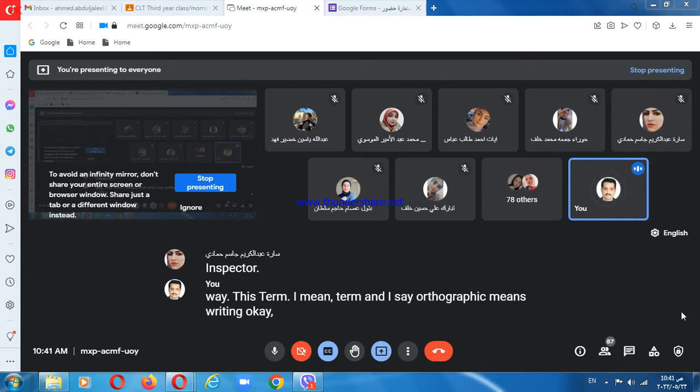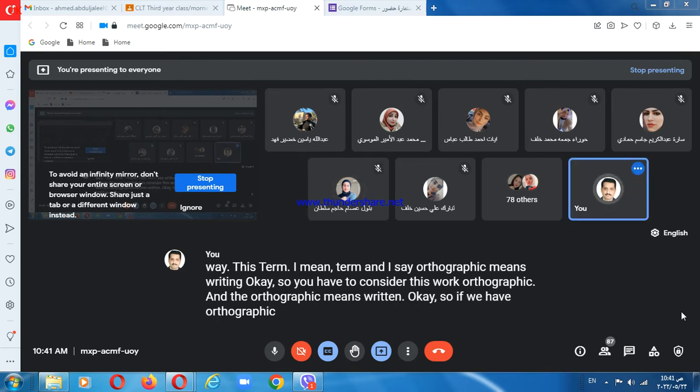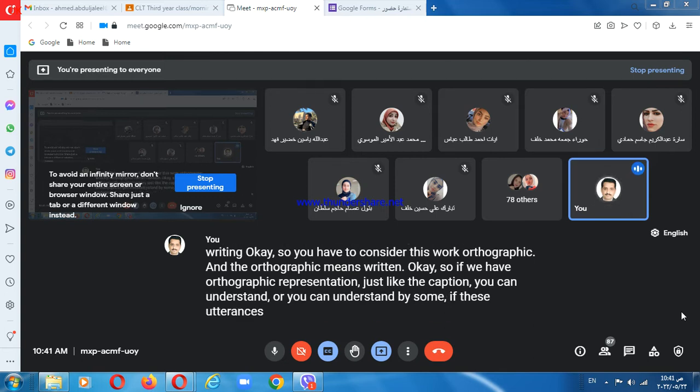So you have to consider this word, orthographic: it means written. If we have orthographic representation, just like the caption, you can understand, or you can understand by sound if these utterances are said, just like what I'm doing now.